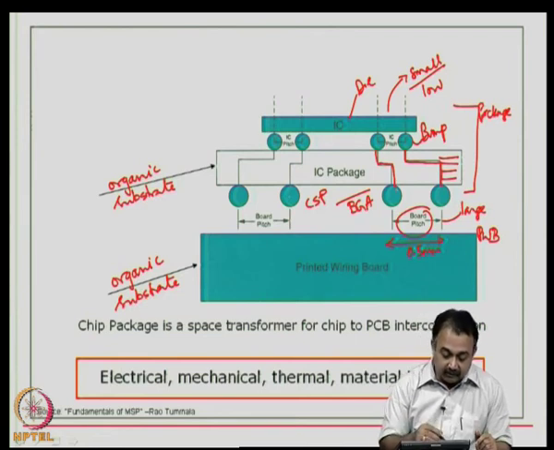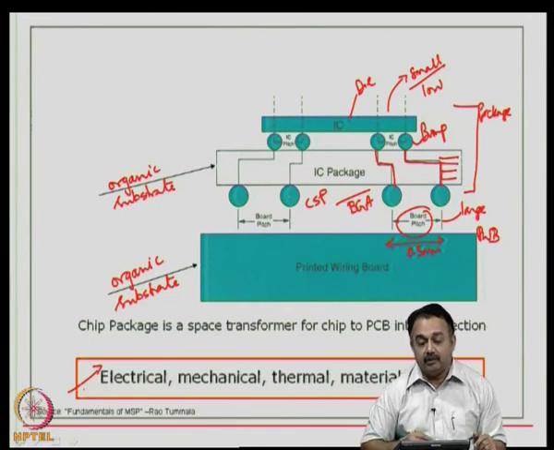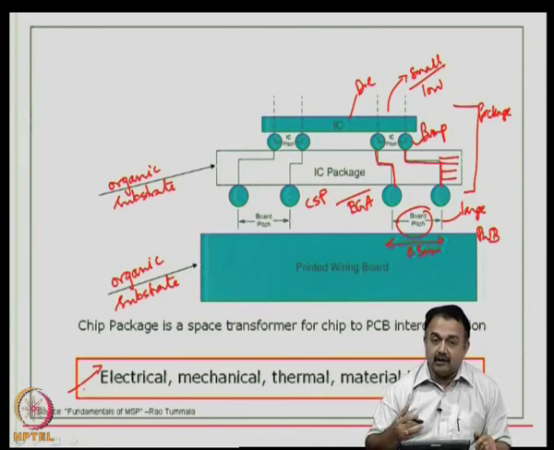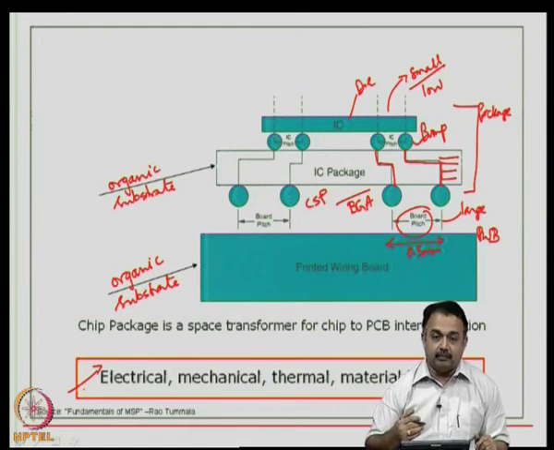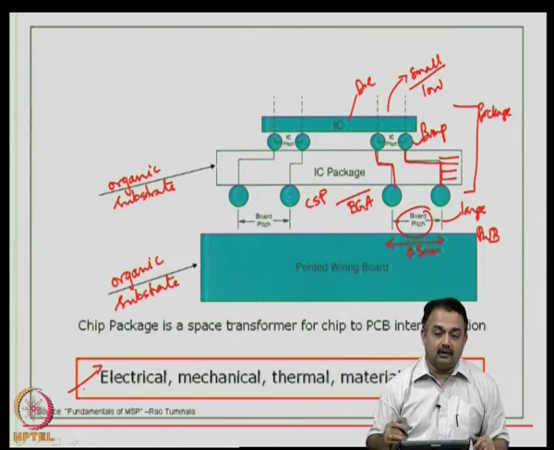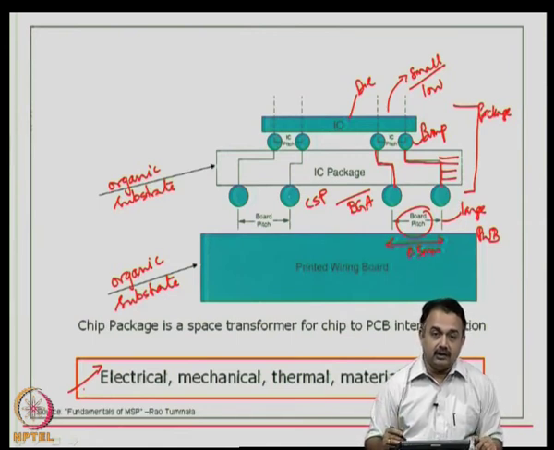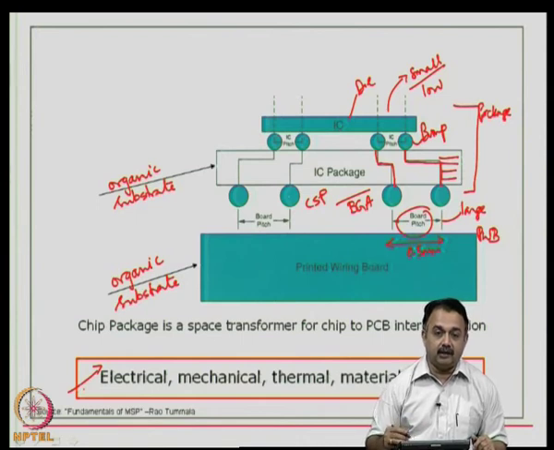Firstly, when you power up the circuit, there are going to be a lot of electrical issues that come up, because we do not know what the track width and length are, we do not know what the dielectric constant of the organic substrate is that you are using, and we also do not know what the environment is in which the package is going to be mounted, and what the neighbors are on the system level printed wiring board which will interfere in the electrical performance of this particular die.